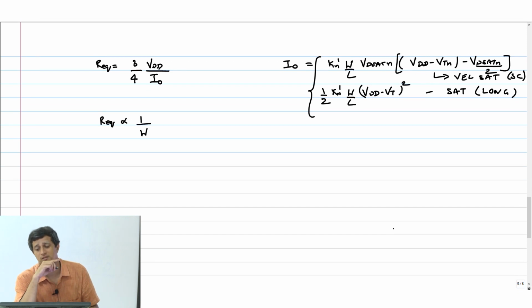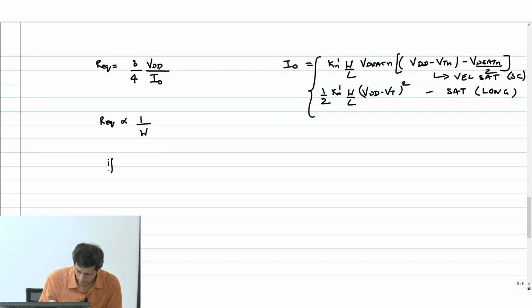Suppose VDD is very large such that VDD minus VTN minus VD sat n by 2, right? Or VDD is very large compared to VT, then what will happen? Yeah? If it's velocity saturated and VDD is very large, what happens to the R equivalent as a function of VDD? Yeah? But there is also an inverse dependence on 1 by VDD minus VTN minus VD sat n, no?